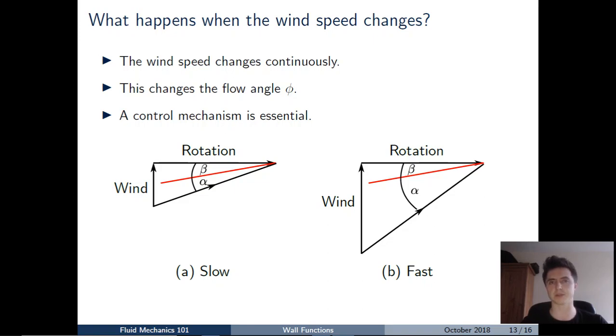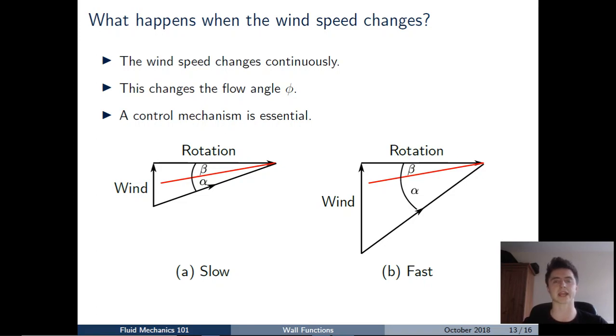And this could be potentially bad for us, because that might mean that as the wind speed picks up, then some of our aerofoil sections may start to stall on our wind turbine rotor. And this is something we want to avoid. And so what we do is we need a control system in order to limit that angle of attack and prevent the sections along the blade from stalling.